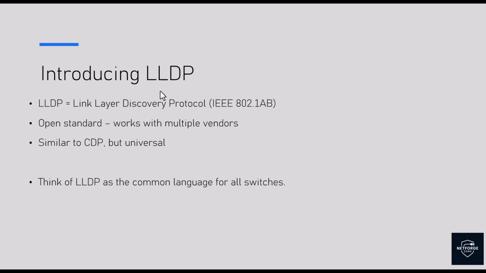LLDP is an open standard, which means that every other device can implement it. And when you have a multi-vendor environment, with devices from different companies, then LLDP is going to be the choice for you because this is supported by all of those devices.